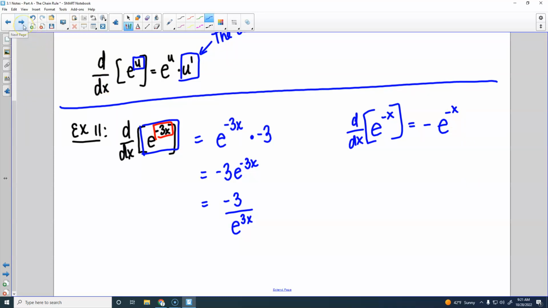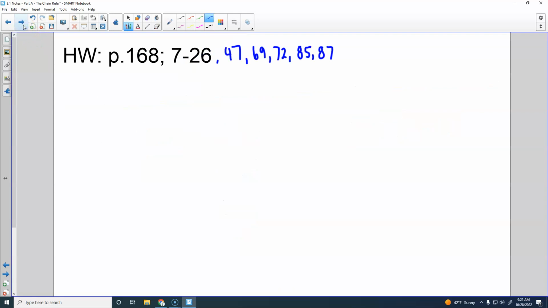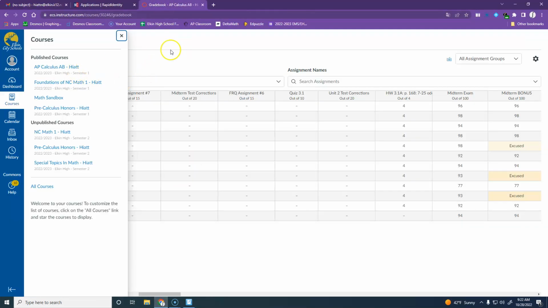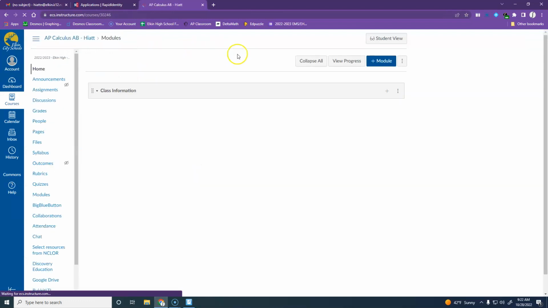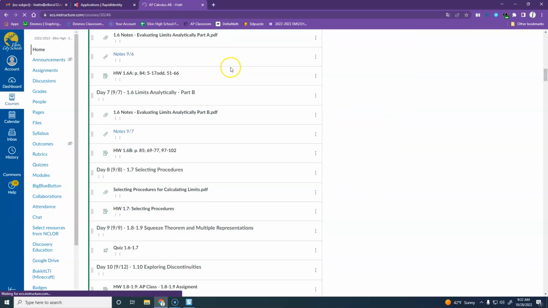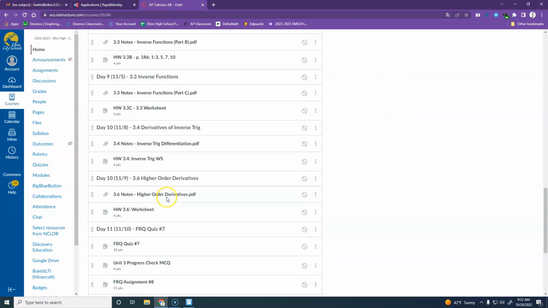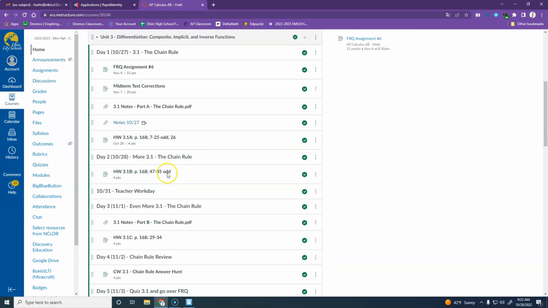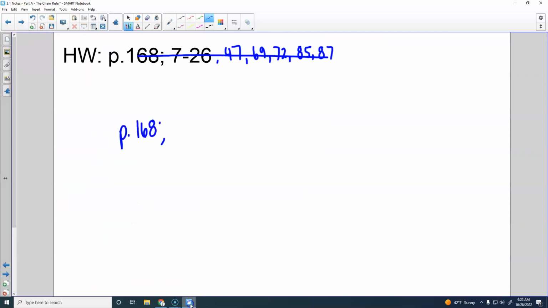Your assignment that you're going to do for me is not this, because that was the other night's assignment. You guys today are going to do page 168, and what did I put on Canvas? Let's see. 47 through 85 odd.